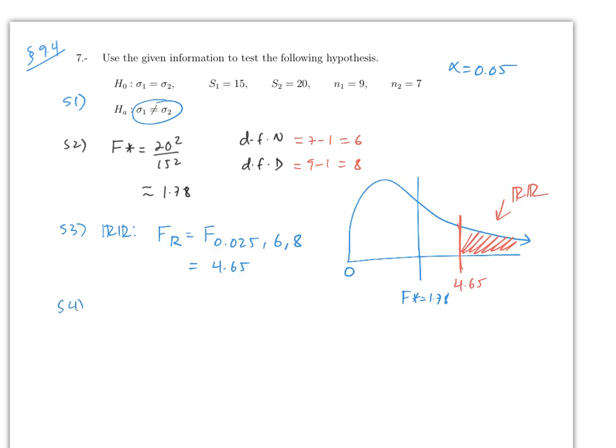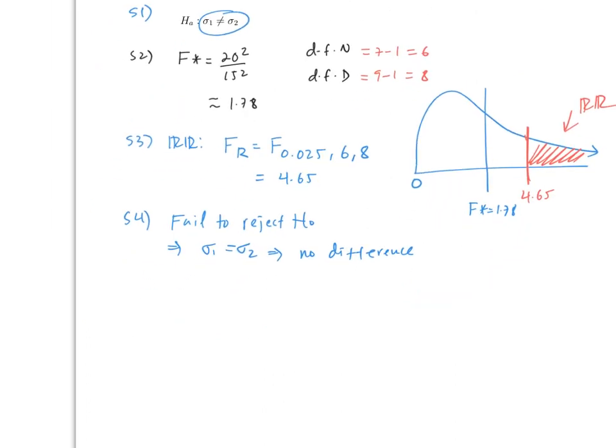So the conclusion is fail to reject H0, which implies sigma 1 is equal to sigma 2, or no difference between the two, or that you don't have enough evidence to show that there is a difference.